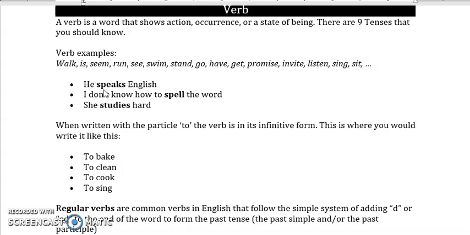How to know that the sentences are in past tense is when you look at the form of the verb. Alright?